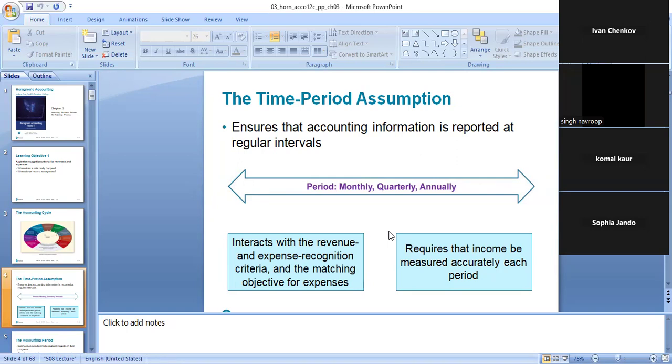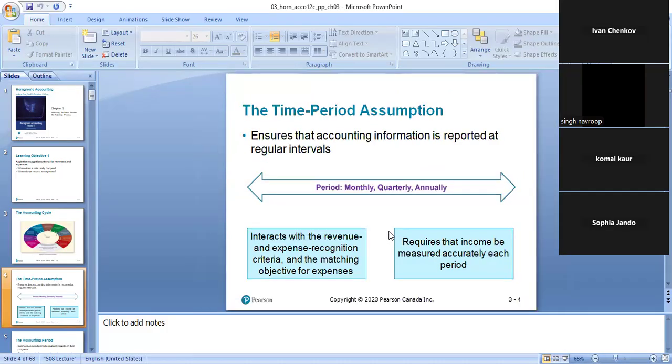It is going to be monthly, quarterly, or annual. We're never going to report financial statements or financial information on a weekly basis. So the shortest period available is the month. Next one is quarter, half year, annual.